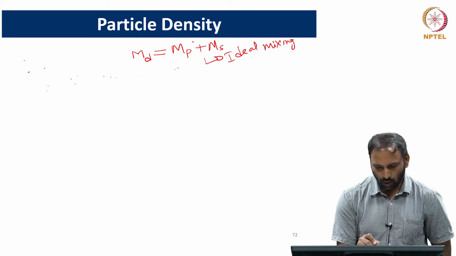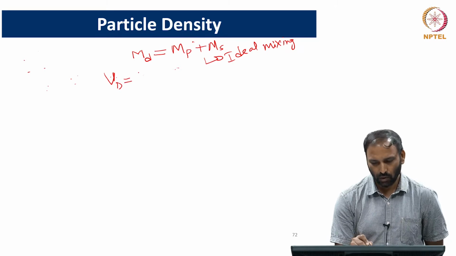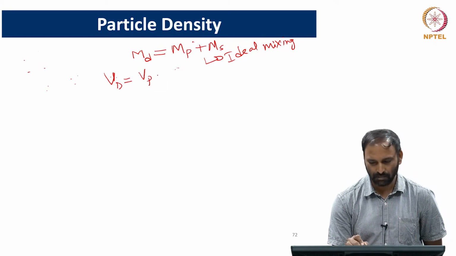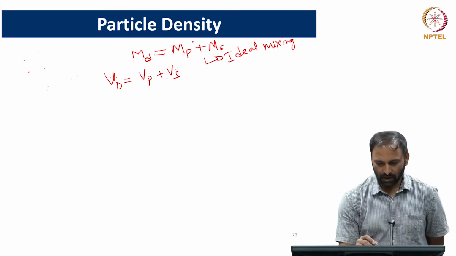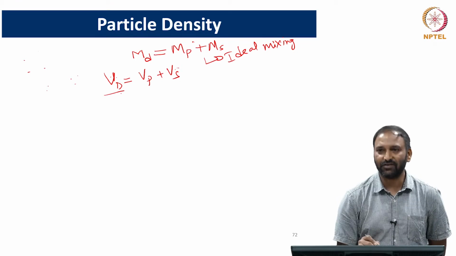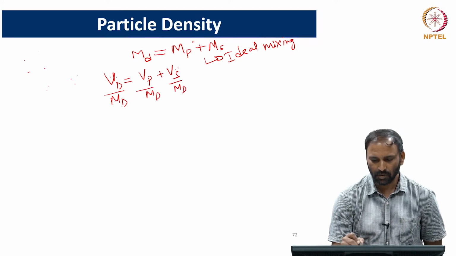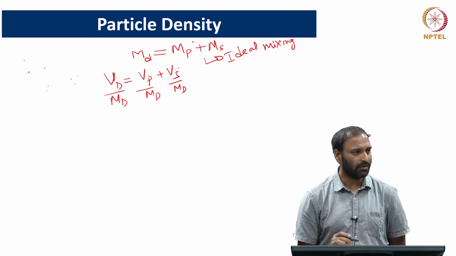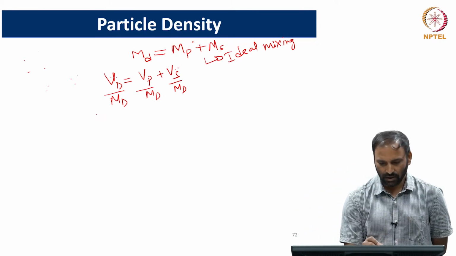So, what I will do is say that the volume of the dispersion is equal to the volume of the particles in the dispersion plus the volume of the solvent. Ideal mixing assumption, no change in the volume. So, I will divide everything by the mass of the dispersion, on both the left hand side and the right hand side.